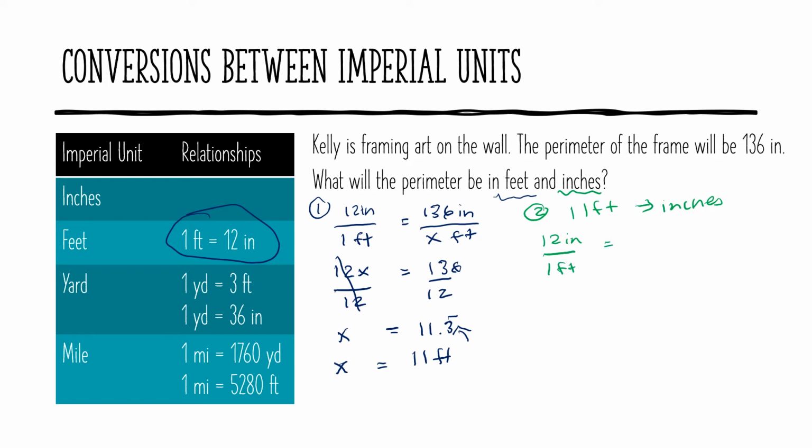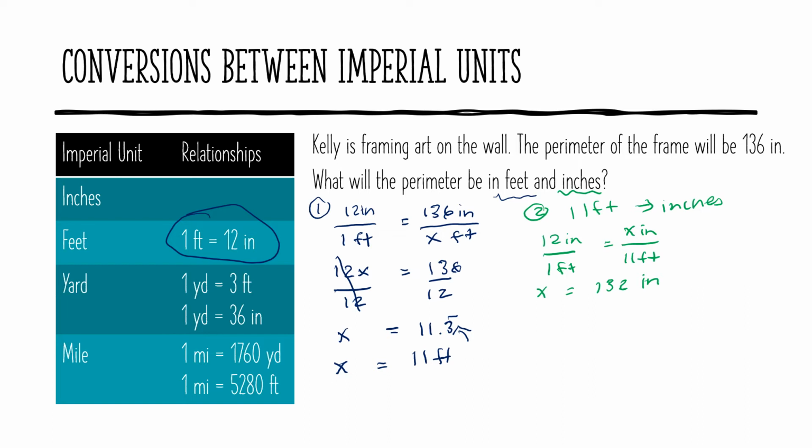Okay, we have 11 feet, and we want to know how many inches. So X amount of inches. Okay, same thing, we cross multiply. 1 times X is X equals 12 times 11 is 132. Okay, and that's 132 inches. So now we know that in 11 feet there are 132 inches.